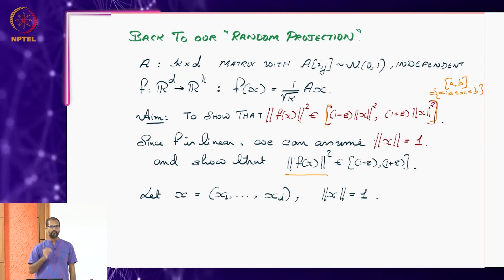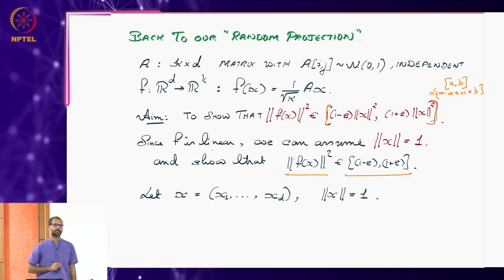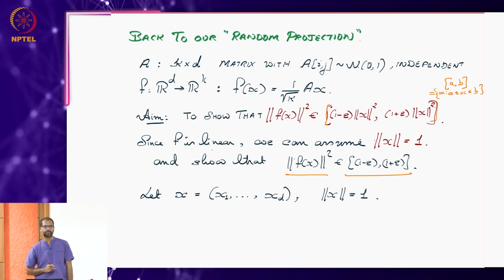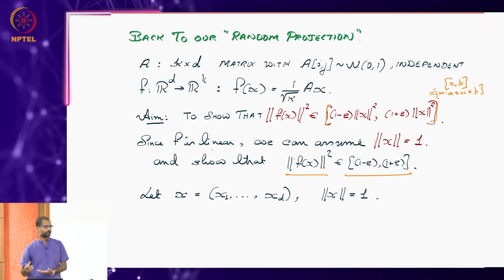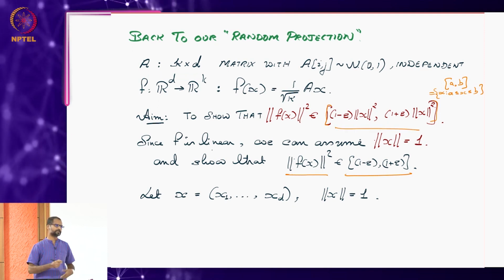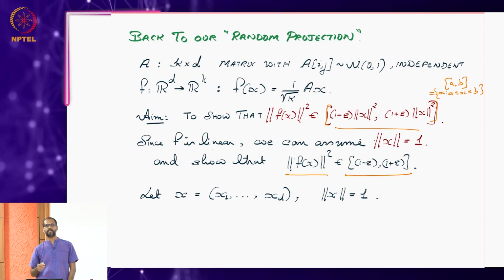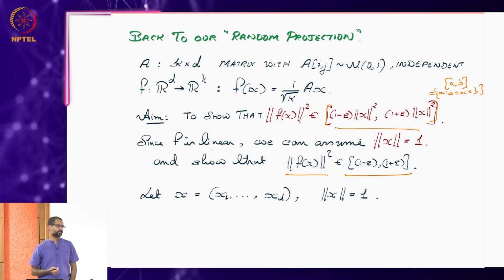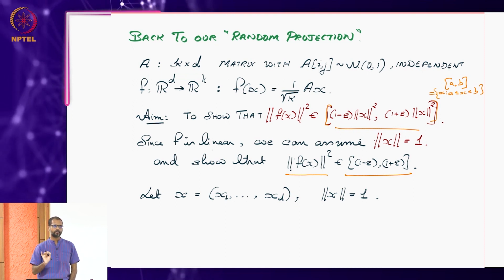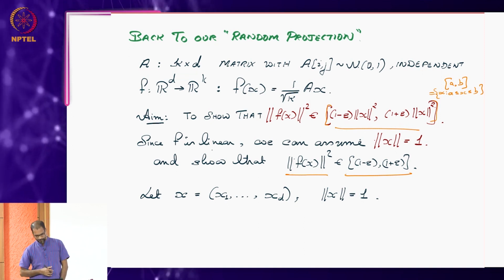So, every unit vector you want to be in this interval, 1 minus epsilon to 1 plus epsilon. If every unit vector falls in this interval, every vector will fall in this interval because it is only a scaling up. f is a linear map, f of 10x is equal to 10 times f of x. Is this small assumption clear?